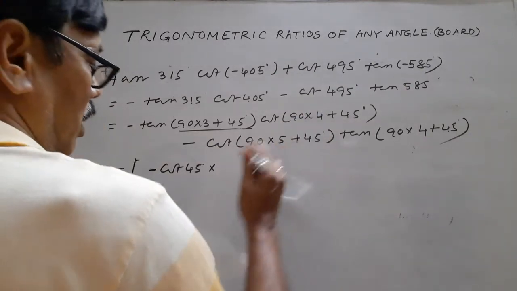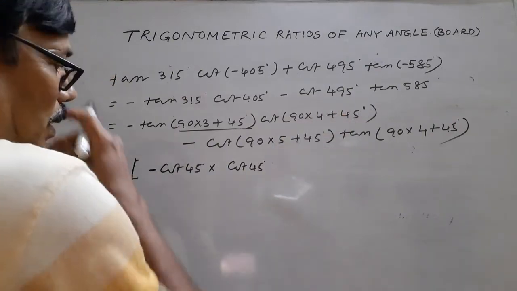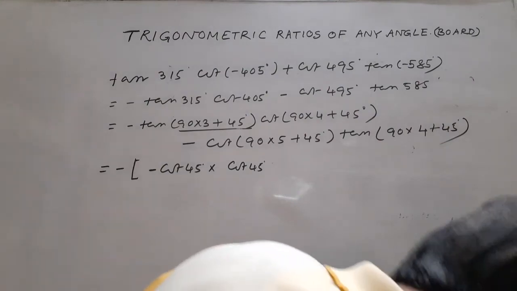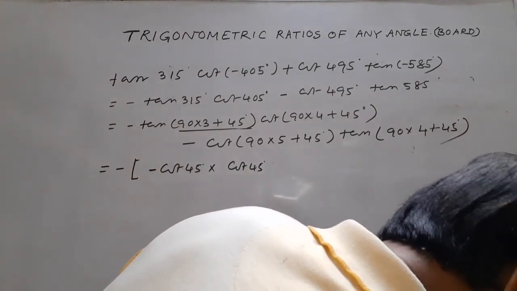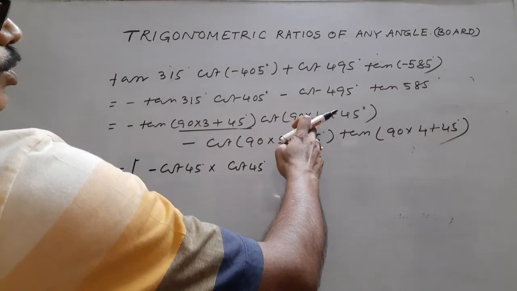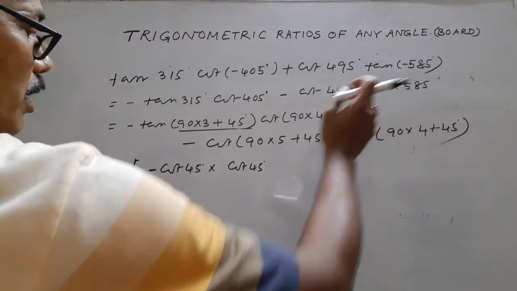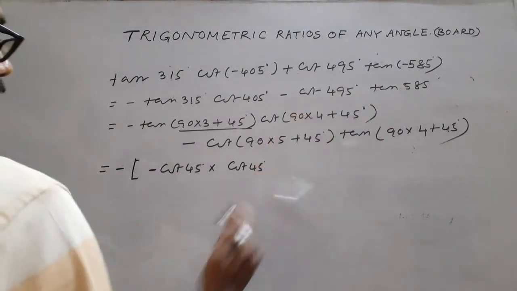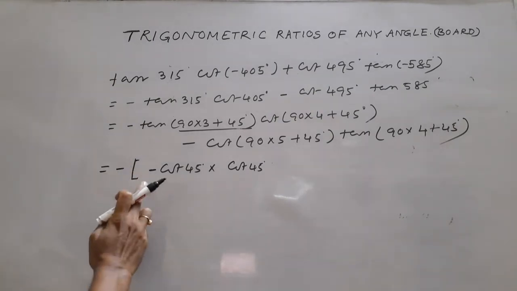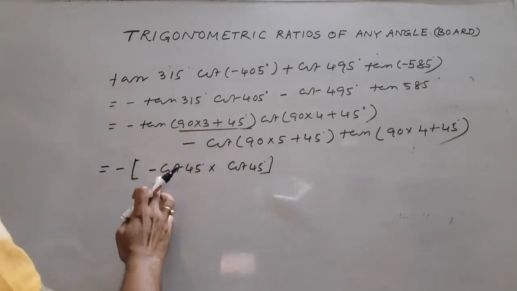Even multiple, so this is cot 45 in the fifth quadrant, (360 plus 45), that is, it is in the first quadrant. It is positive. So this minus as it is, this is minus cot 45.